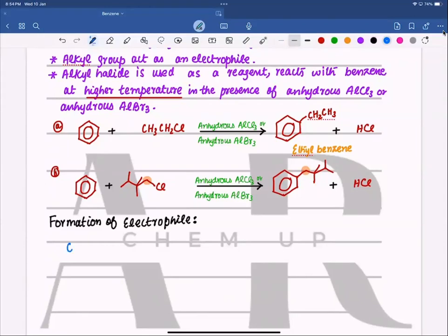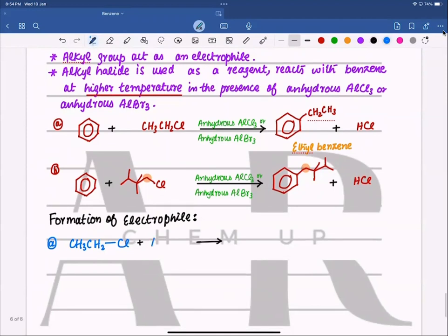For the first case, we have an alkyl group, CH3CH2, which is bonded to a chlorine, right? And there is a halogen carrier, which is anhydrous AlCl3 or anhydrous AlBr3.